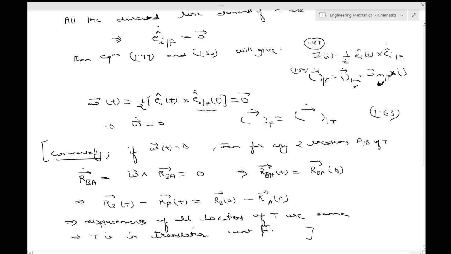for any frame, then that would mean any vector RBA would have a time derivative which will be equal to 0 according to this particular relationship. You should recall from which equation this has come from. I mean the answer is already over here.